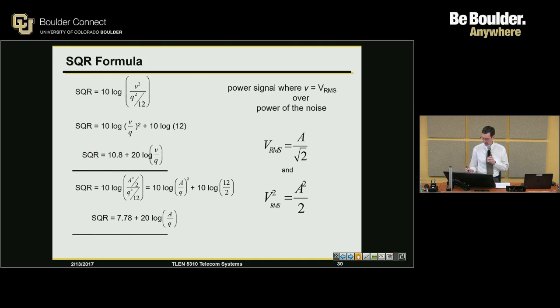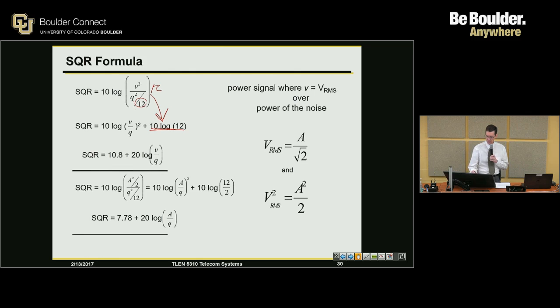let's see, then if I break this down, the 12 comes up. If 12 comes up, then I can pull it out using some of the properties of logs. And so I've got 10 log of 12, and that leaves this V squared over Q squared.